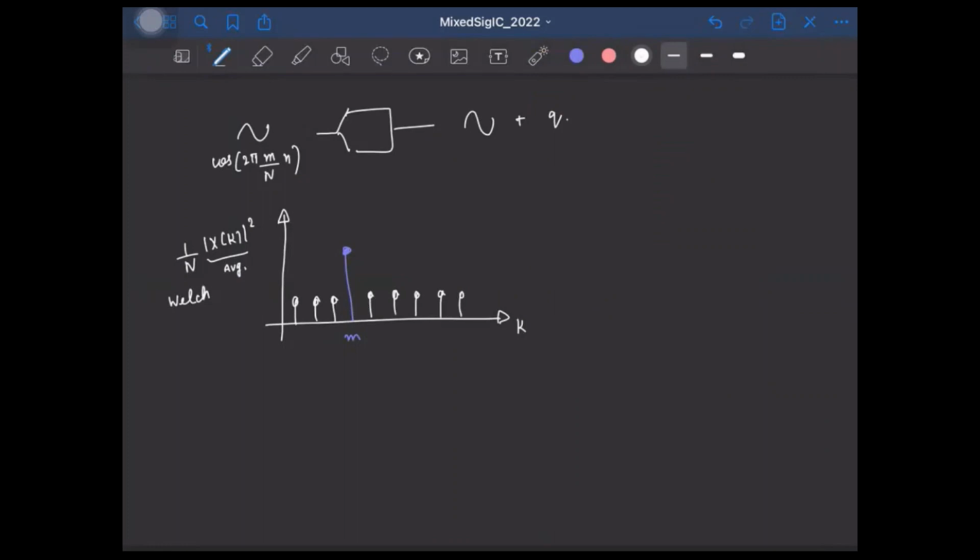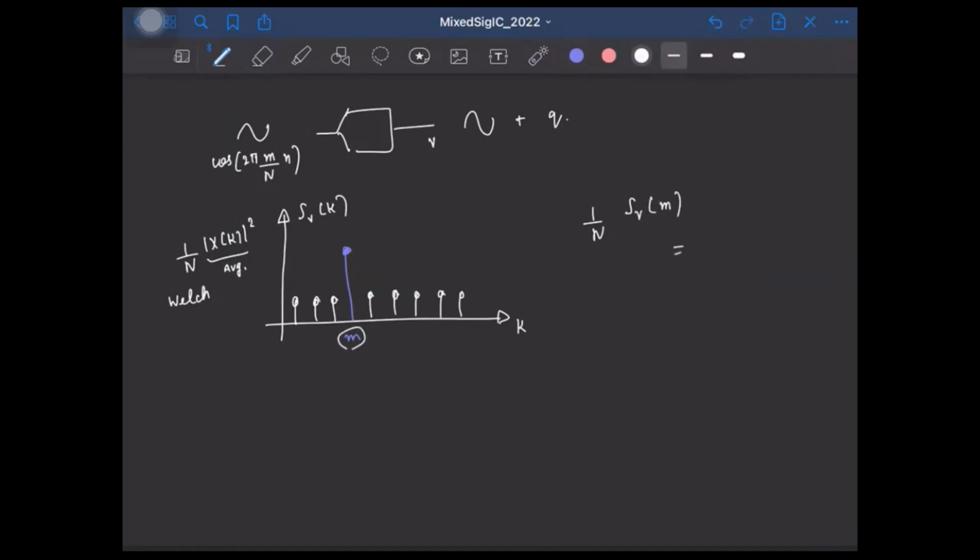And to find the signal power, we need to find the strength of this impulse, right? And scale it by a factor of n. That is, if I call the output v, I'll call this S_V[k]. So this is S_V[m], that is the mth bin, right?